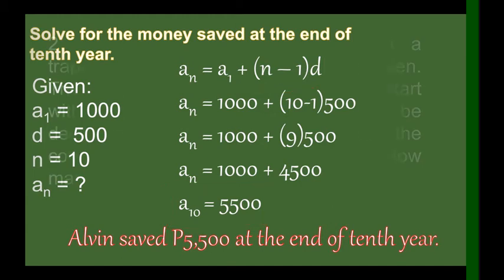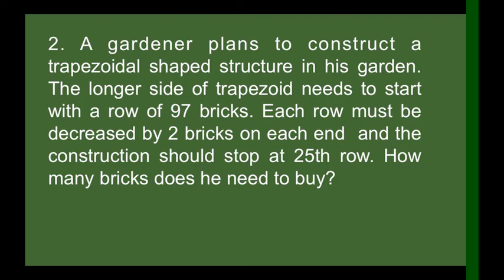Now, number 2. A gardener plans to construct a trapezoidal shape structure in his garden. The longer side of the trapezoid needs to start with a row of 97 bricks. Each row must be decreased by 2 bricks on each end, and the construction should stop at the 25th row.